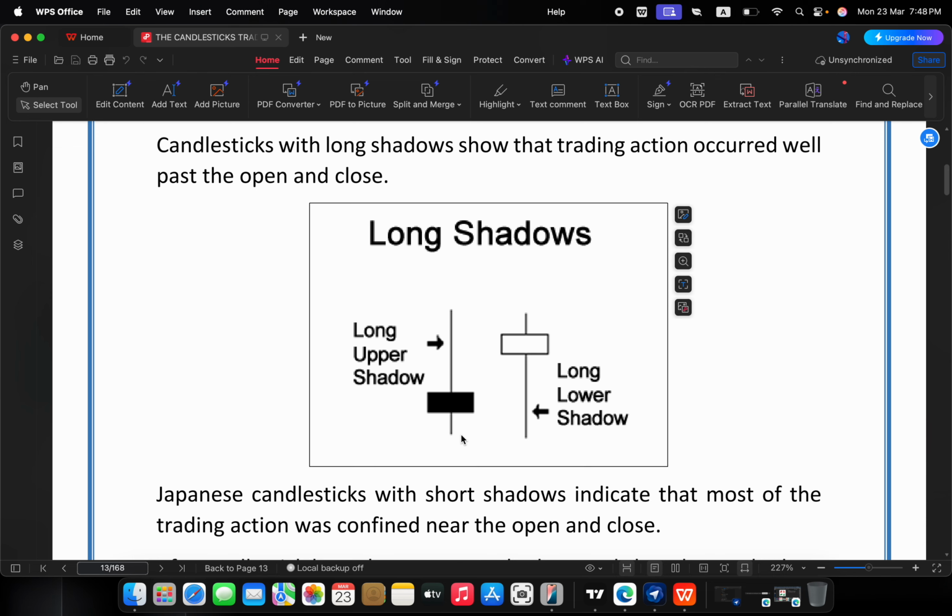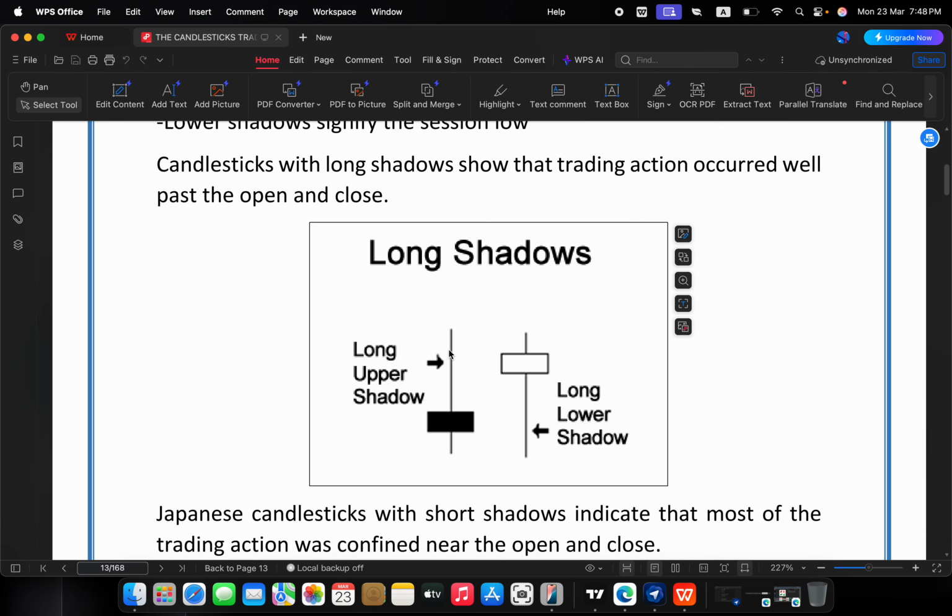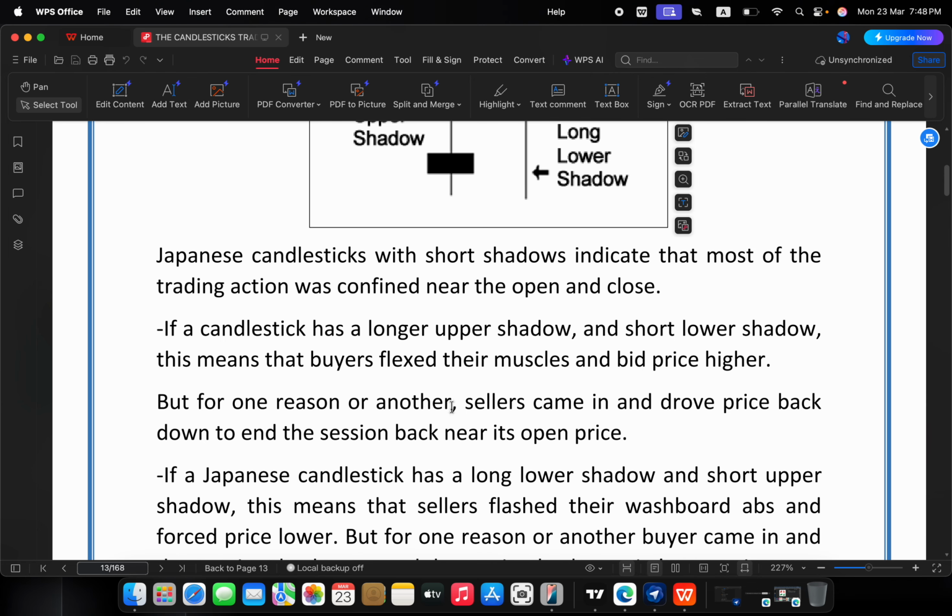The tips here are called the swing, but this is called the shadow. A Japanese candlestick with short shadows indicates that most of the trading action was confined near the open and the close.